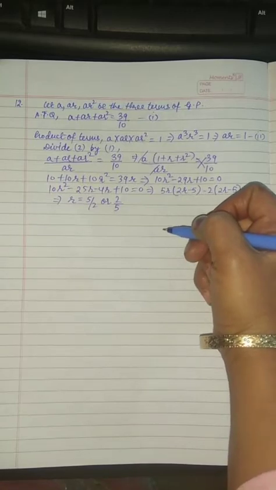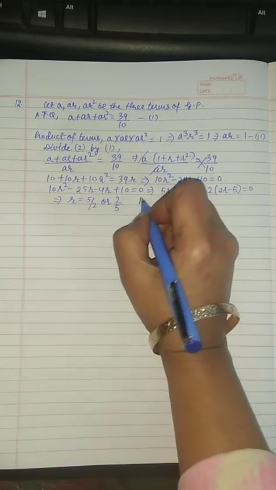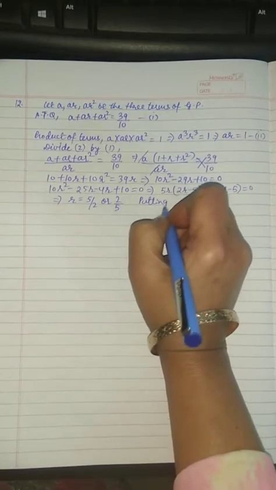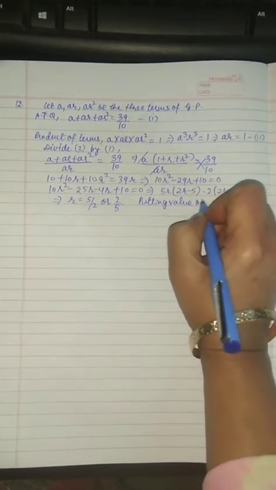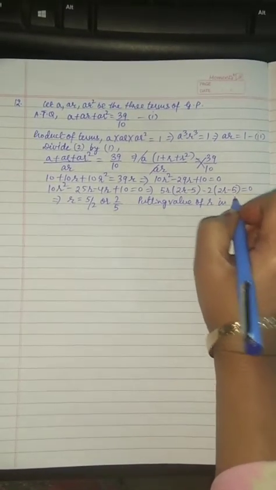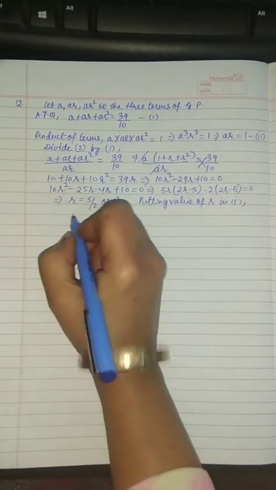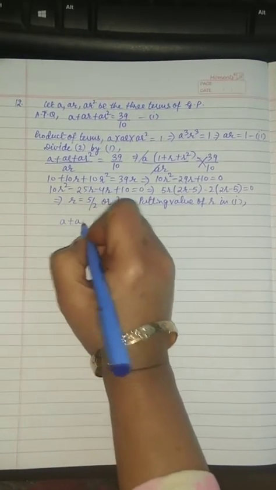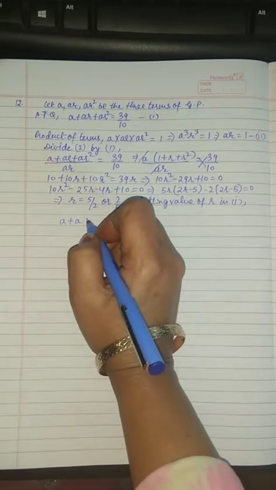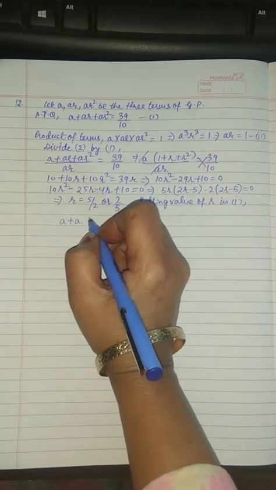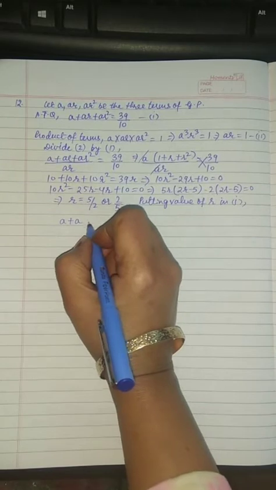So we can put this value in equation 1. Putting the value of r in equation 1, we get a + ar + ar², with r being 5/2 or 2/5.